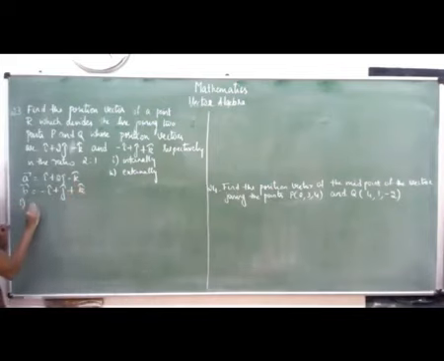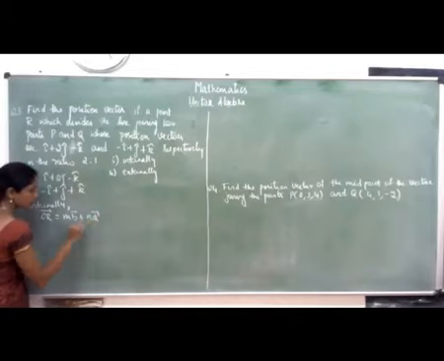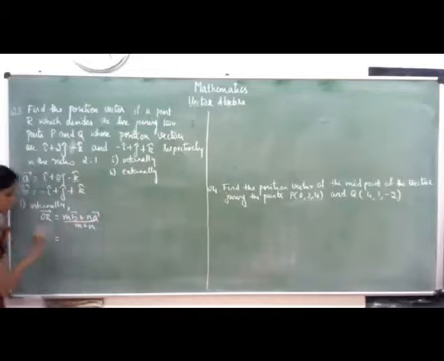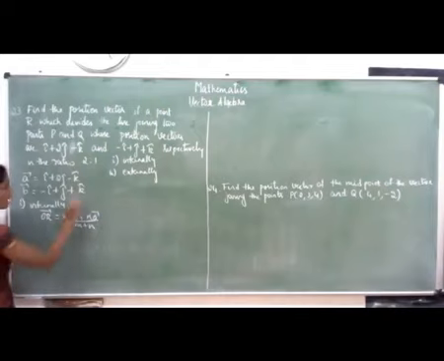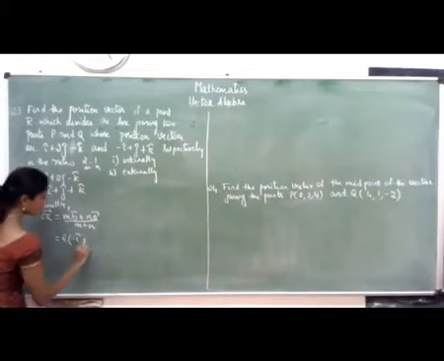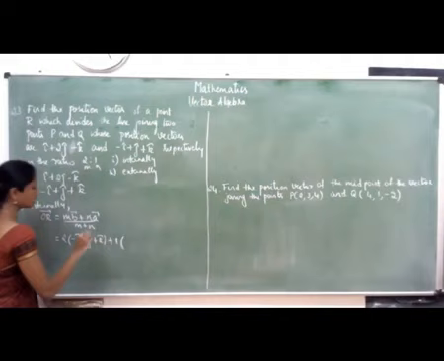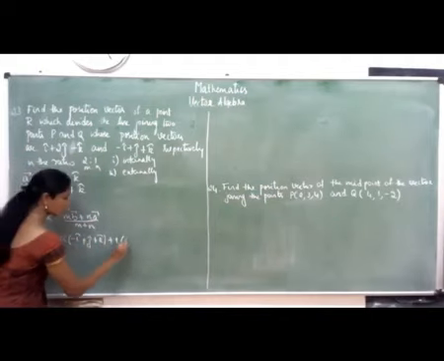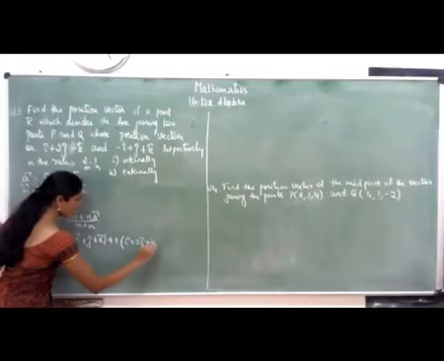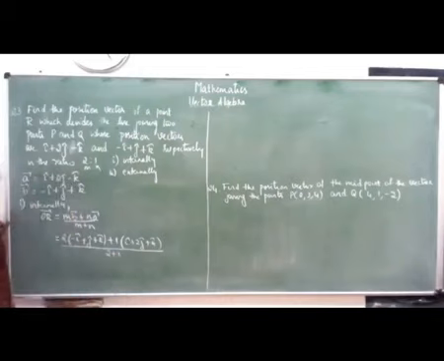So for the first case, we have the position vector OR given by m into vector B plus n into vector A, divided by m plus n. Therefore, m is 2, n is 1. So 2 times vector B, where vector B is minus i cap plus j cap plus k cap, plus 1 into vector A, which is i cap plus 2j cap minus k cap, whole divided by m plus n, which is 2 plus 1.